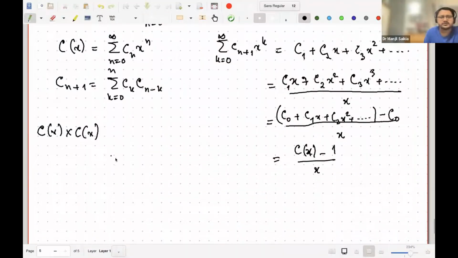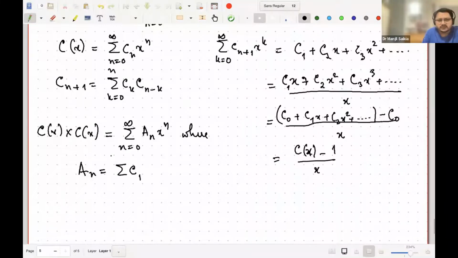So C(x) times C(x) is equal to, let me use a different notation, the sum of an x to the power n, n going from 0 to infinity, where an is actually equal to the sum of ck times c(n-k), k going from 0 to n.